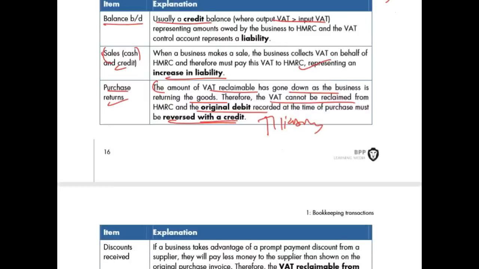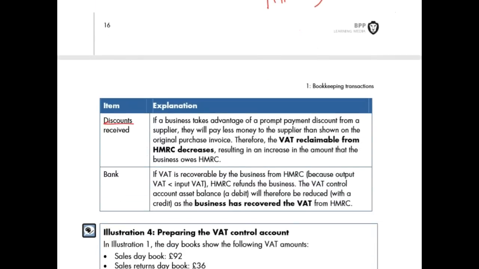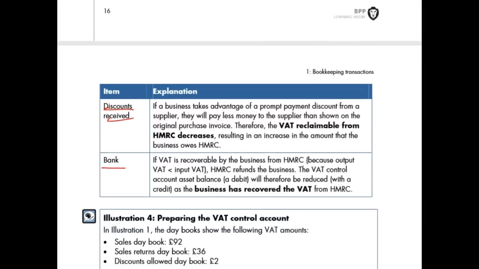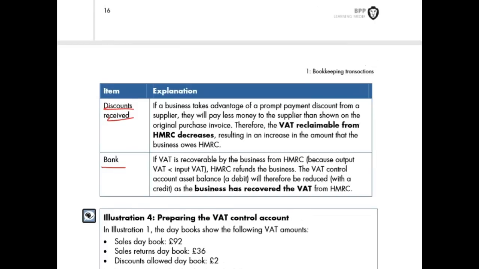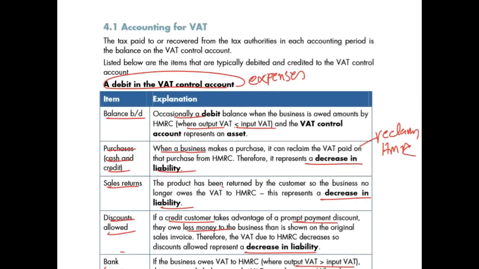Purchase return. Discount received, just consider it as an income. It's the same as the purchase return, but it's an income. Income VAT is credit. And bank means sometimes HMRC refunds you, pays you back, if your input VAT is higher than output VAT. So how do you record it?